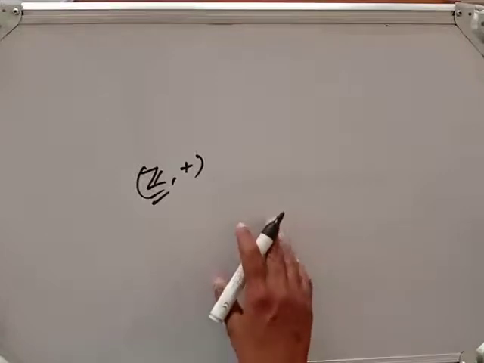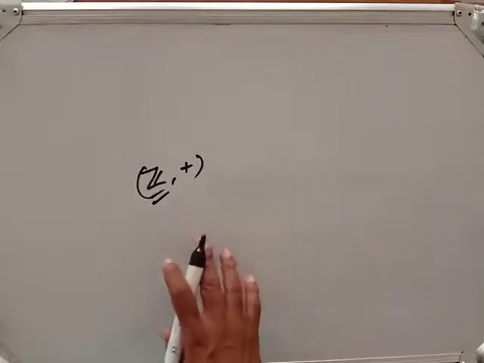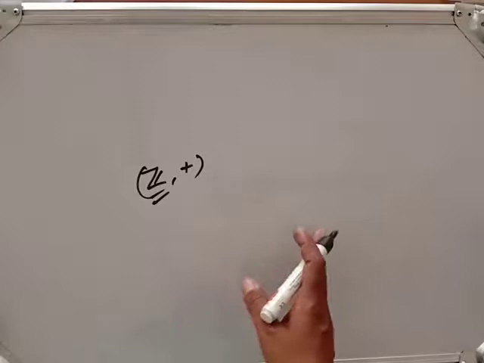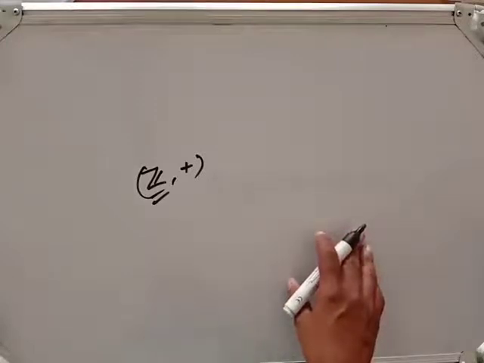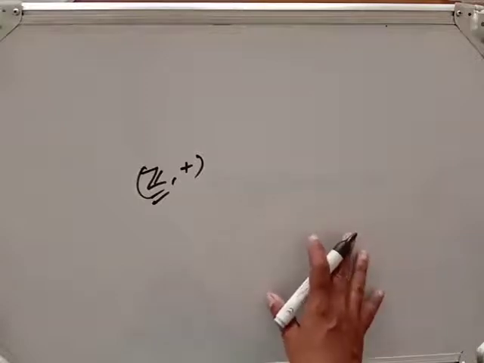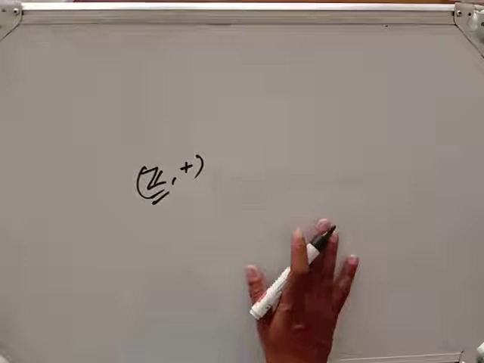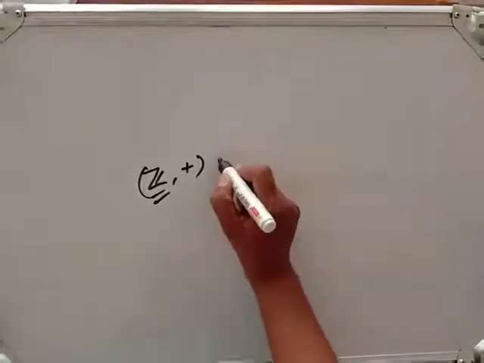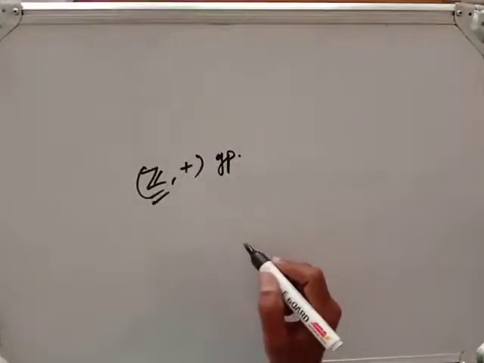If we add the negative of an element to it, we get 0. So there is a negative element for every element with respect to addition. Due to that, what can we say? This Z with addition is a group.